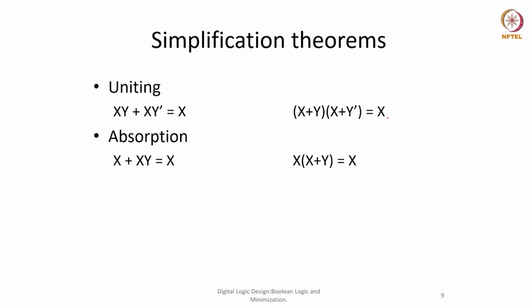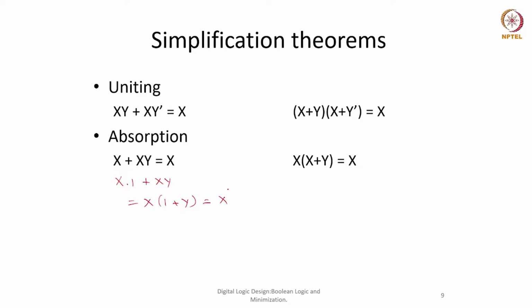The other one, absorption. Again I can take it like this. Either I can say x dot 1 plus x y, which is equal to x times (1 plus y). 1 plus y is equal to 1, so it can be said as x.